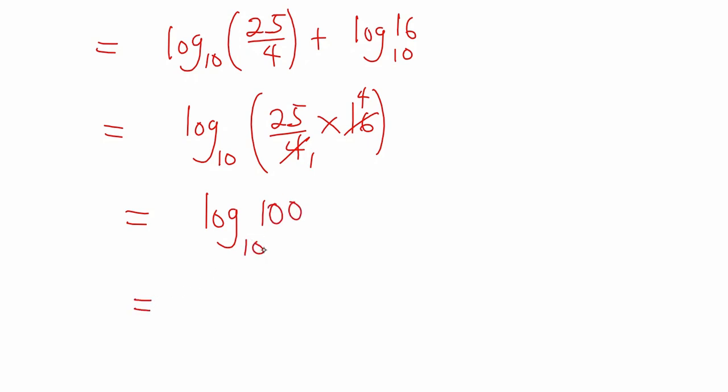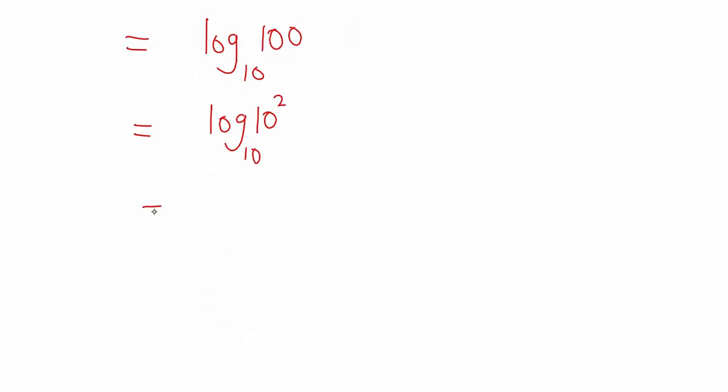Now, further reducing logarithm of 100 to the base 10, we know 100 can be expressed as 10 exponent 2. That is 10 times 10. It simply means that 10 exponent 2 gives us 100. And then we have our base 10 here. Now, we can rewrite this as 2 logarithm of 10 to the base 10 using the product index law, which means this 2 is going to serve as a coefficient to the new logarithm.